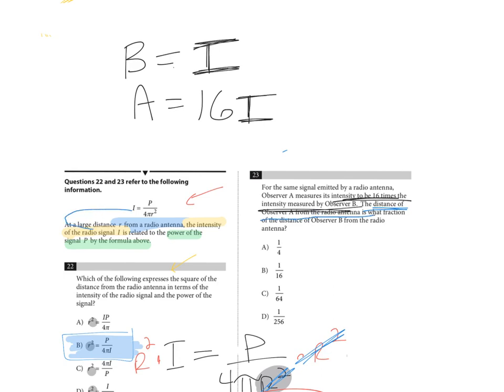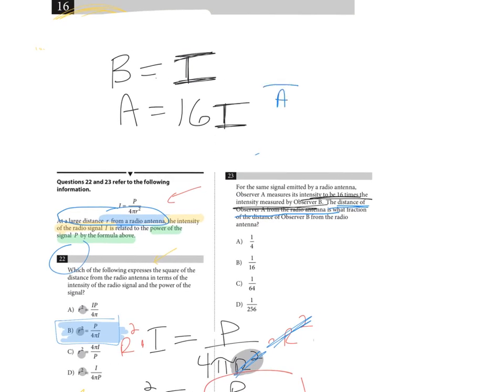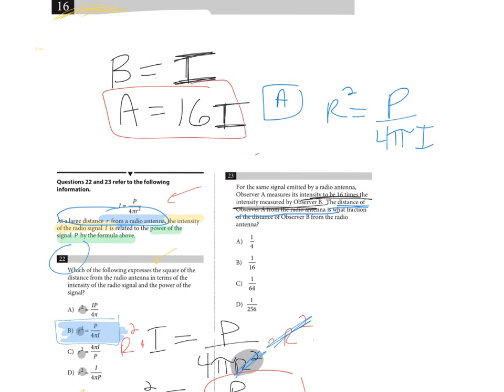Well, the distance is R. So if I take what we did in number 22, for observer A, the distance is R. Well, I know that R squared equals P over 4 pi I, but I know that observer A's intensity is 16 times the intensity of observer B. So I'm going to take out the I and I'm going to put in 16I.